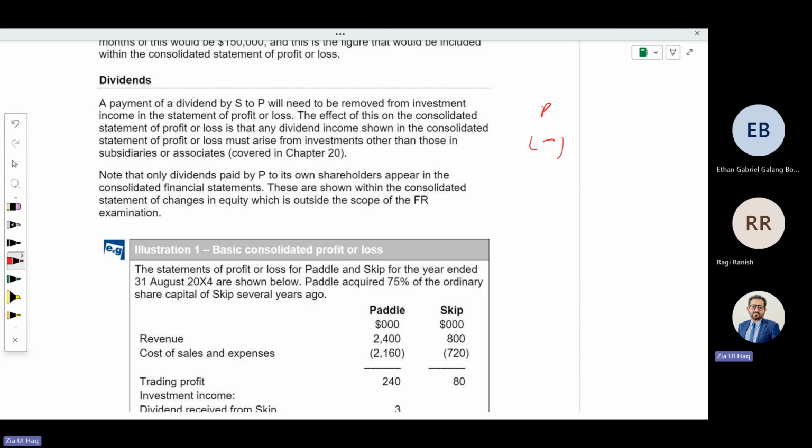But while calculating profit after tax of the parent company, they recorded income. So we need to deduct that dividend income from the subsidiary because it's like you are transferring money from one pocket to another pocket. So that is not income.